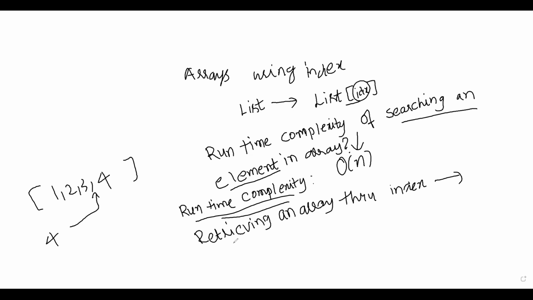So now tell me, what is the runtime complexity of retrieving an element in an array using index? Let's say I want the element at index 3. 0, 1, 2, 3. What is the index of 4? It is 3. So these are indexes, okay? Now I want to retrieve an element using an index.